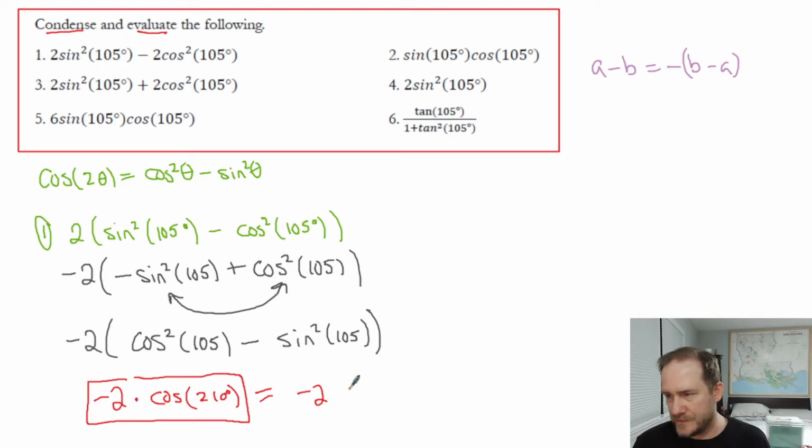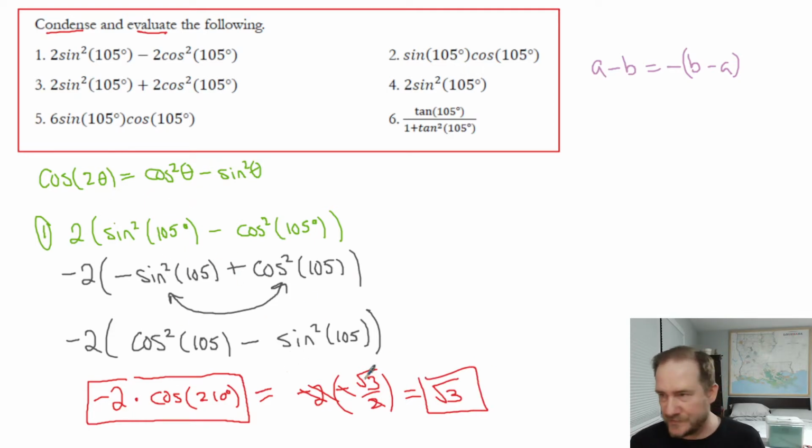So negative 2, cosine 210, that's 30 degrees, cosine negative root 3 over 2. And we're multiplying here. So the 2's cancel, the negatives cancel, we get positive root 3. So those are the 2 answers I'd be looking for if I gave you this expression.